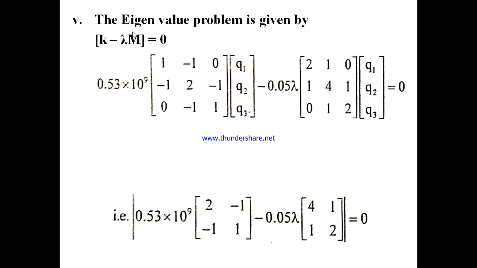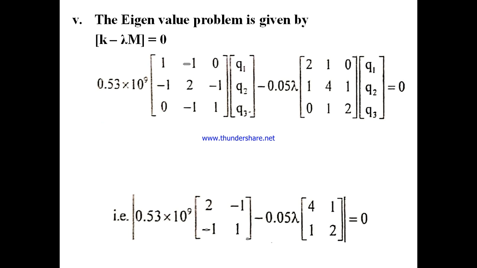So either we can use consistent mass matrix or lumped mass matrix, but I have explained what is the difference between those two. Consistent mass matrix will give you the accurate results, nearly exact results. When we come to the lumped mass matrix, we get less accurate values, but the difference is that if you go for consistent mass matrix, the complexity is more when the problem is complicated.